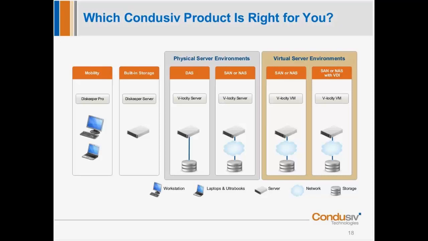If you move further to the right, we have the Velocity Server product. This is the same family as Velocity VM. Both these products are a different architectural approach than the laptop product, completely different. The Velocity Server, you can think of it as a physical server accelerator for high I/O workloads, and it uses the same new architectural approach of Velocity VM, where we're optimizing I/O performance in the operating system.